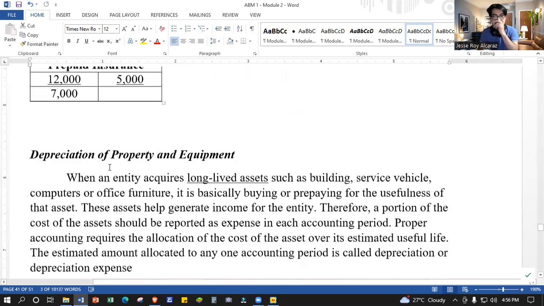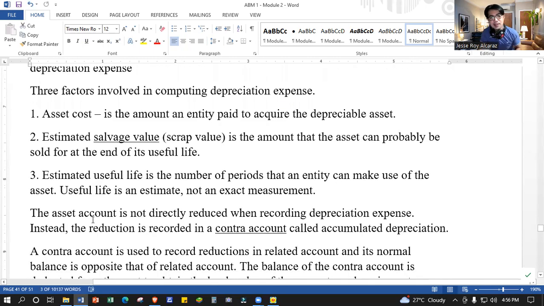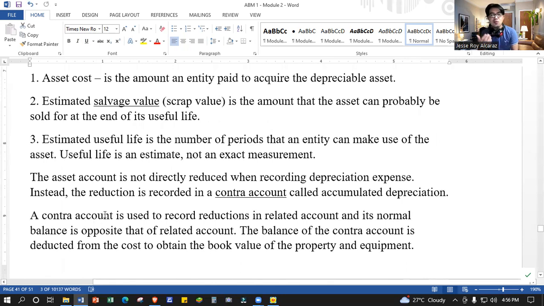Sa long-lived assets, hindi natin yan ginagawa. Instead of directly reducing the asset account, we use a contra account called accumulated depreciation. Okay? Later, I'll explain and I'll show you unsa na siya.